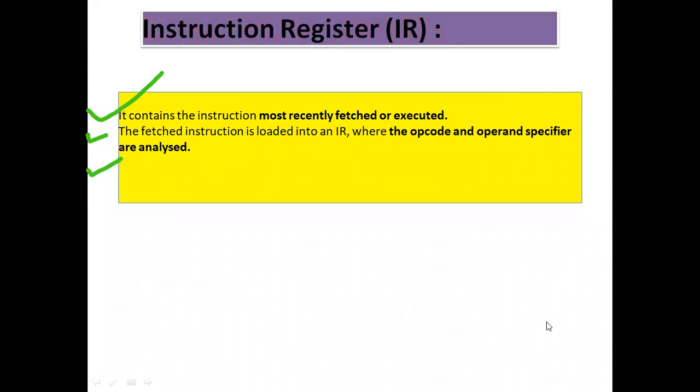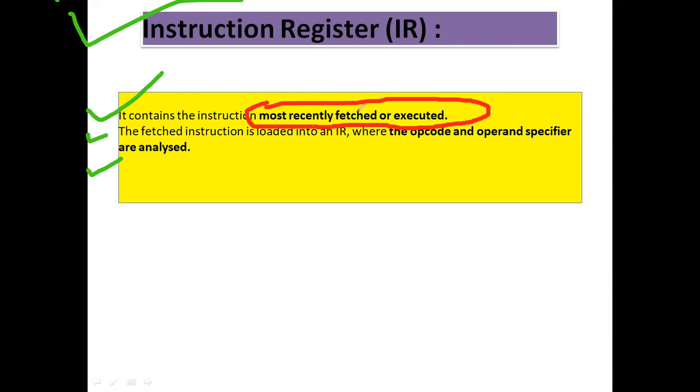Now, instruction register, IR. From the name itself, it is clear that it contains the instruction. But what instruction? The one which is most recently fetched or executed.